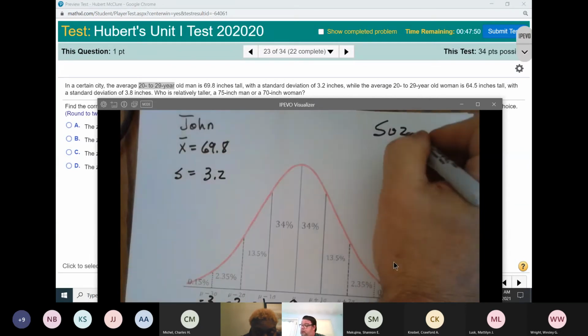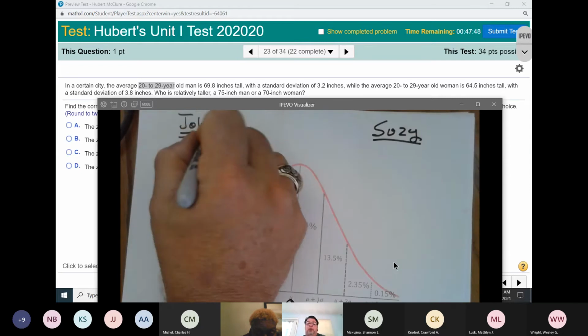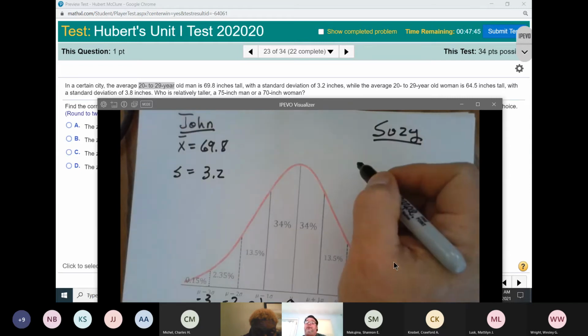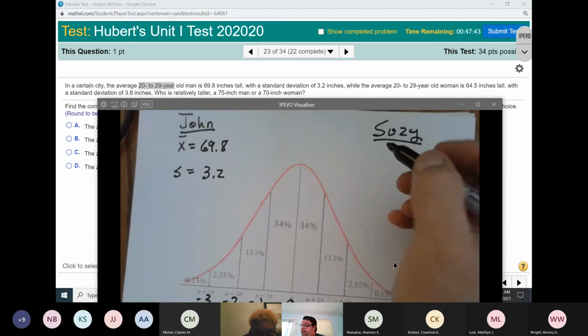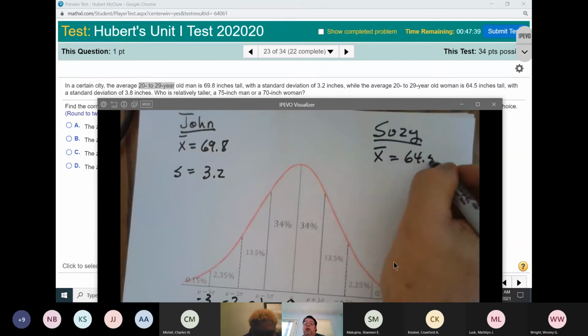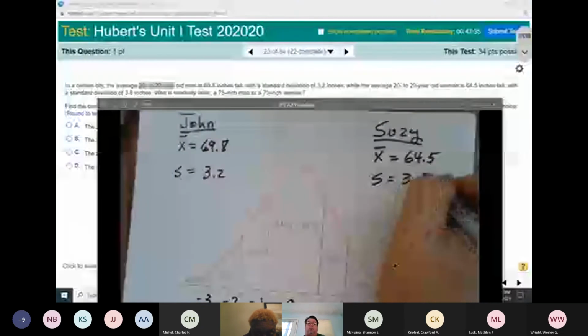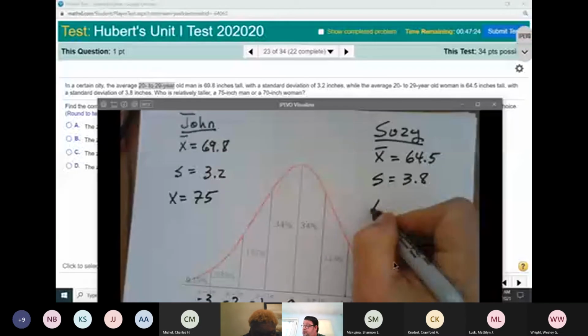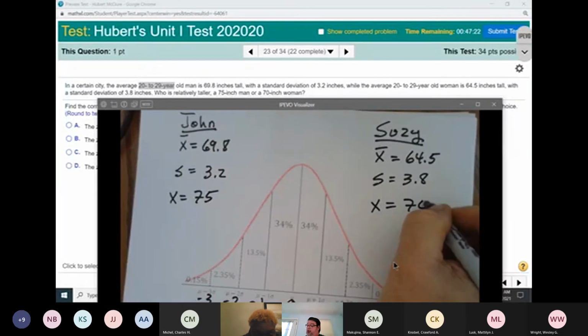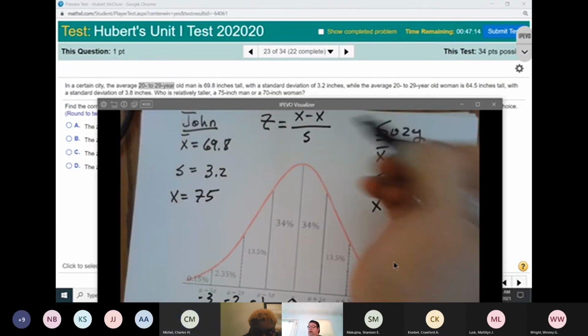Susie is X bar of 64.5 and a standard deviation of 3.8. John is 75 inches and Jane is 70 inches. And what are you going to calculate? The z-score. That's right. So do that.